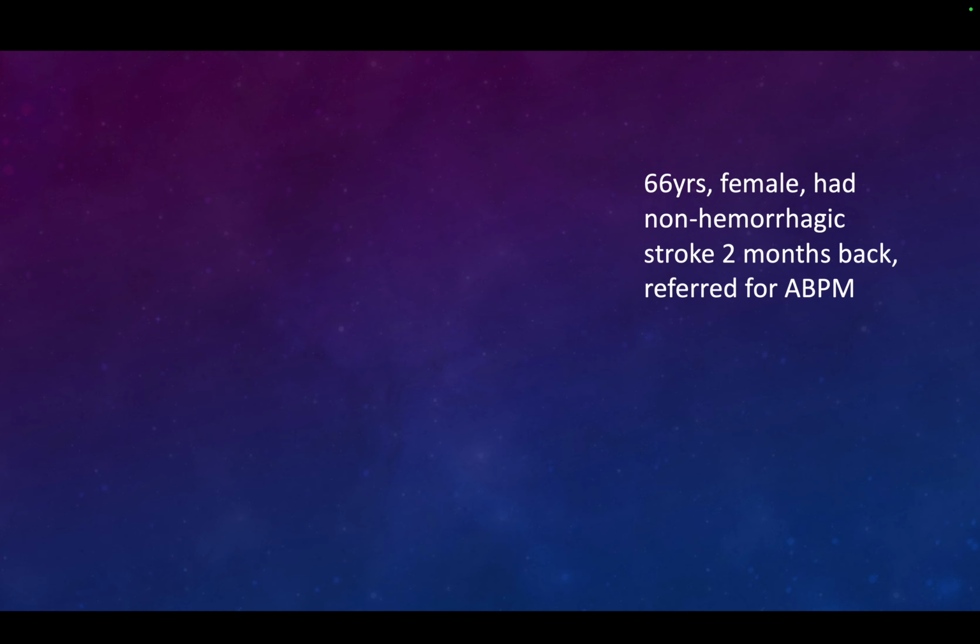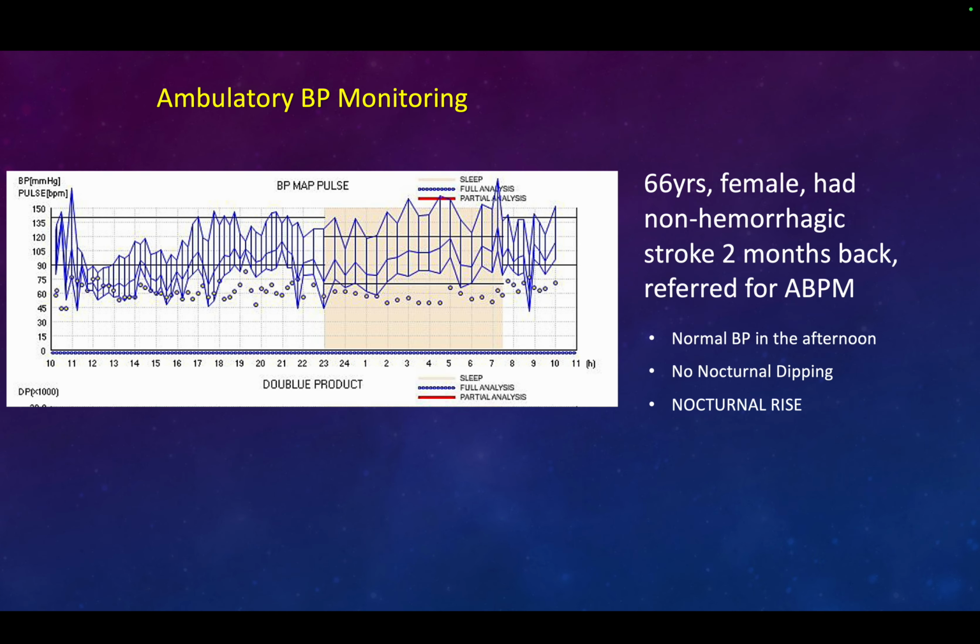Now, a 60-plus female had a non-hemorrhagic stroke about 2 months back, and she was referred for ambulatory blood pressure monitoring for the fluctuating blood pressure she reported. Look at these figures. You have noticed that the blood pressure falls in the afternoon quite drastically, to less than 100 in the afternoon session.